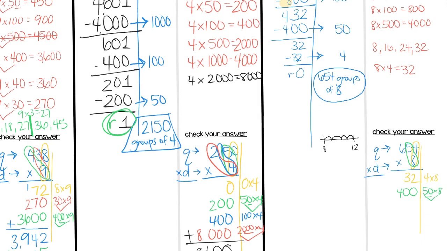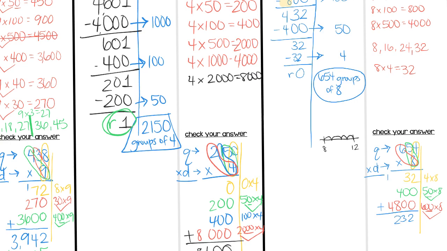And then we have 600 times 8. So 0 in the ones, 0 in the tens. And then 6 times 8 is 48. Now we need to add them up because those are all of our parts. 2, 3, 4, and 8. Sorry, I didn't line those up very well. 4 plus 8 is 12.